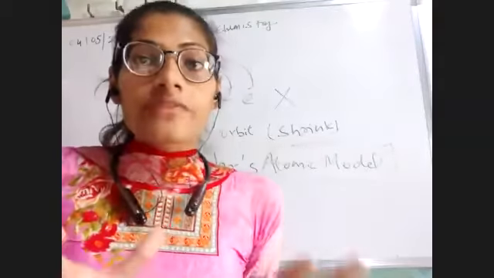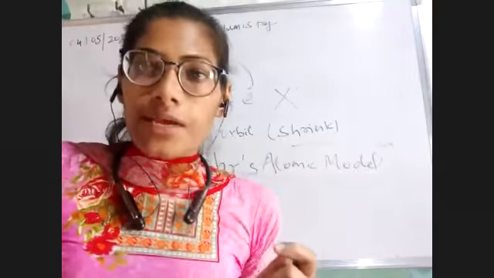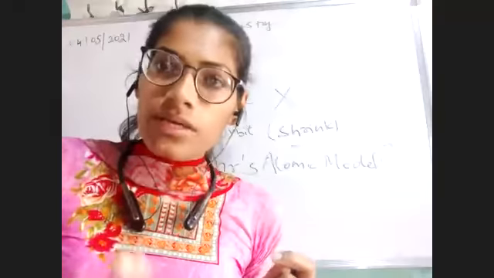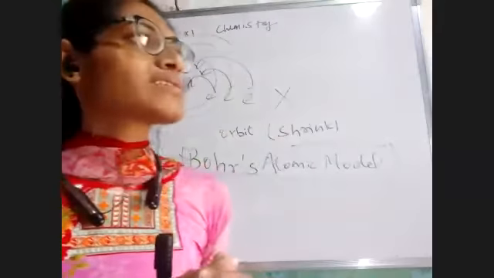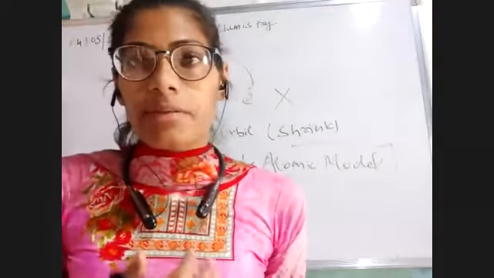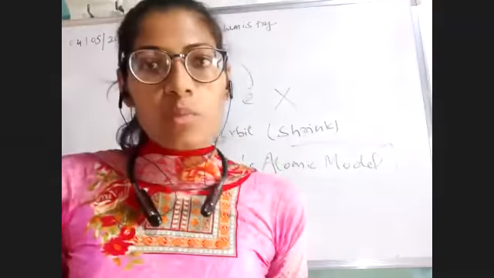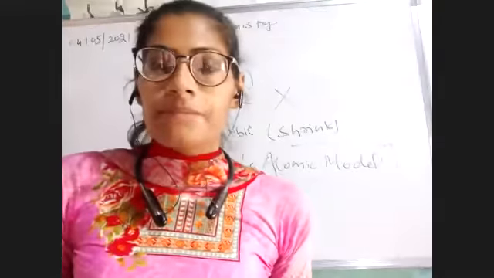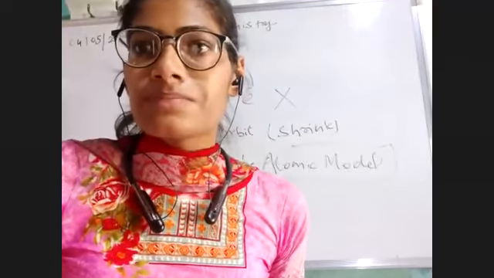After some time these two concepts were merged and we came to know about another theory that we will start. So this was all about today's lecture. We have studied Rutherford's model, its drawbacks, isotopes, isobars, atomic number, and mass number. If you have any doubt or query, you can ask me.